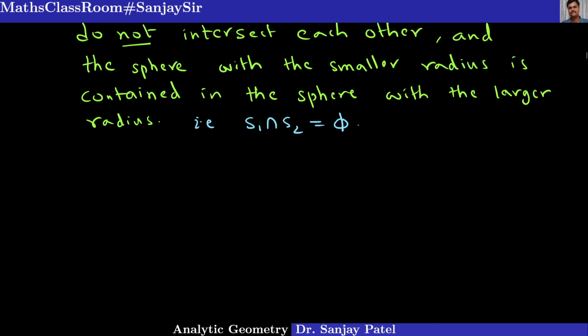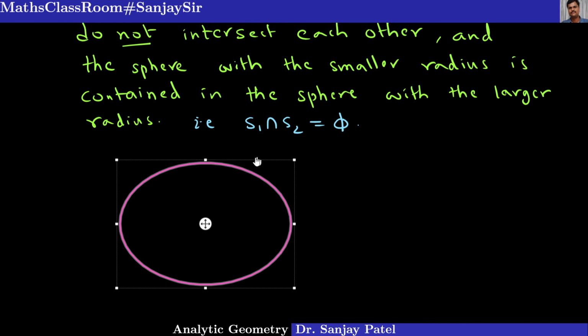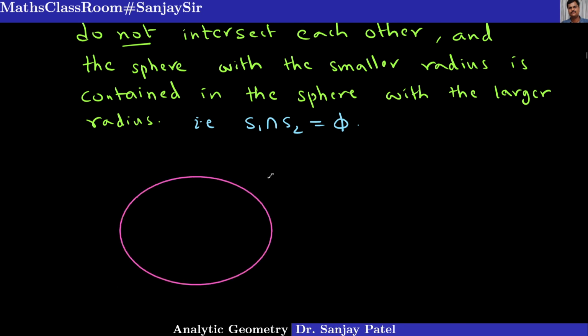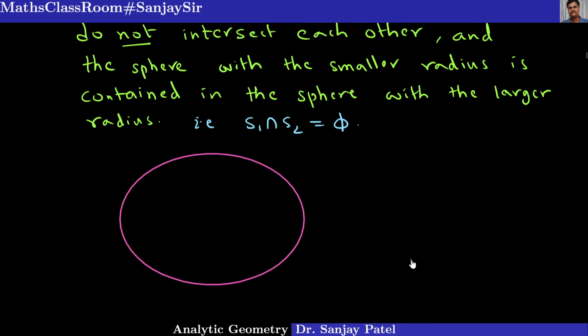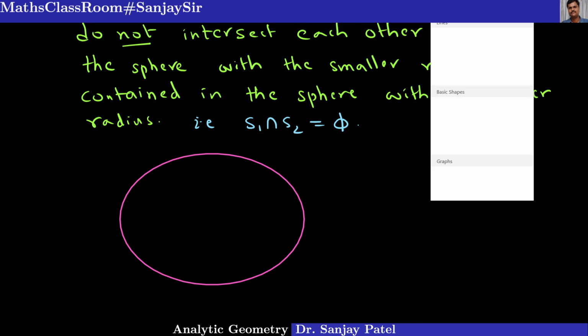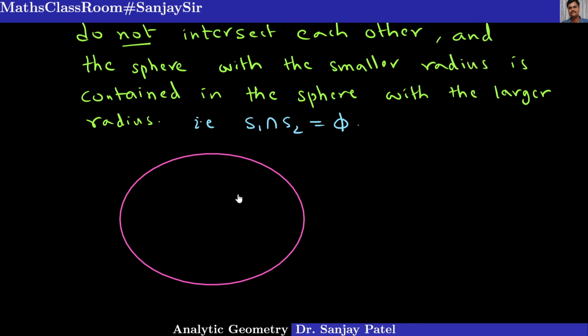So I am taking one sphere like this, and another sphere, say somewhere here, and suppose the centers are like this.